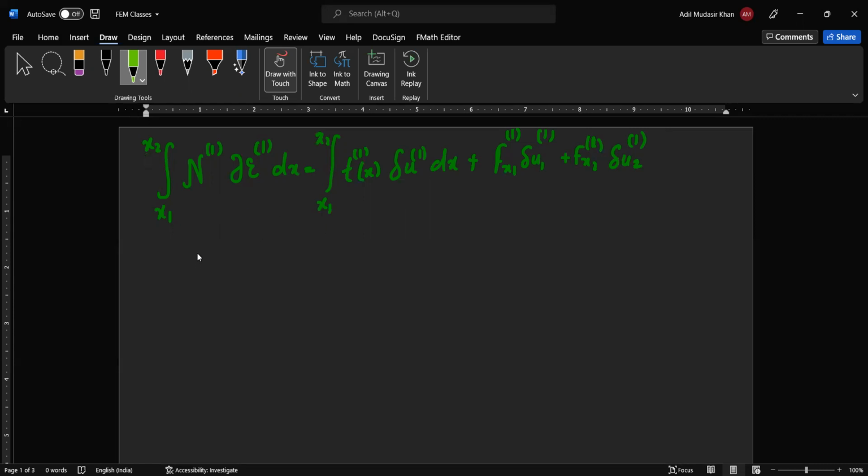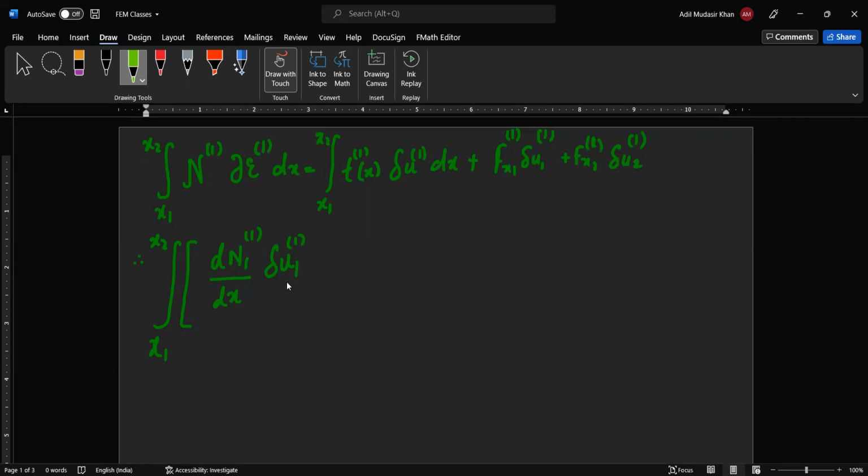Okay, so we can write this as, therefore, the integral from x1 to x2. Now we have the strain, which we are writing as dn1 by dx del u1 for element 1.